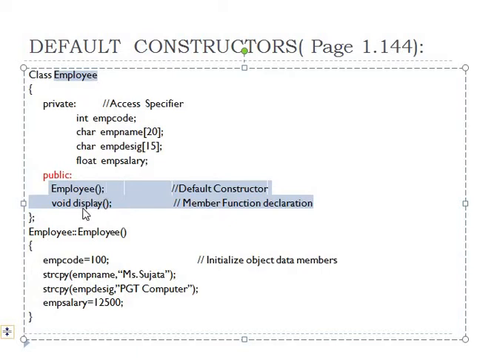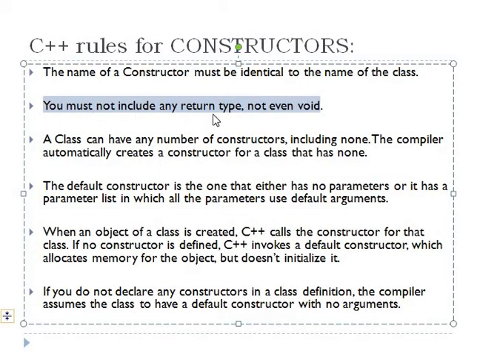Constructors belonging to a class don't have any return type, as indicated here in this constructor named employee. But the member functions for a class can have a return type. If you see here, the member function display contains the return type void. So you must not include any return type, not even void, for constructors.